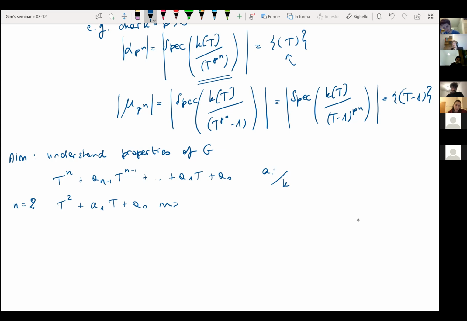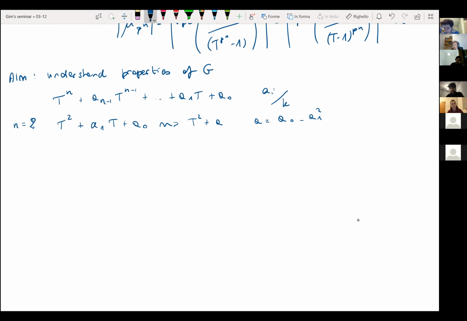So it can be reduced by a change of variable to be of the form t^2 + a, where, if I'm not wrong, a is equal to a_0 - a_1^2/4. And it is not clear in general how to solve this problem in degree n. And what I study is at the origin closely related to this problem.